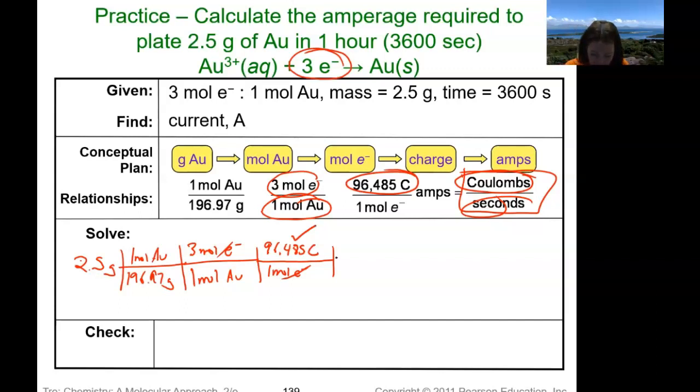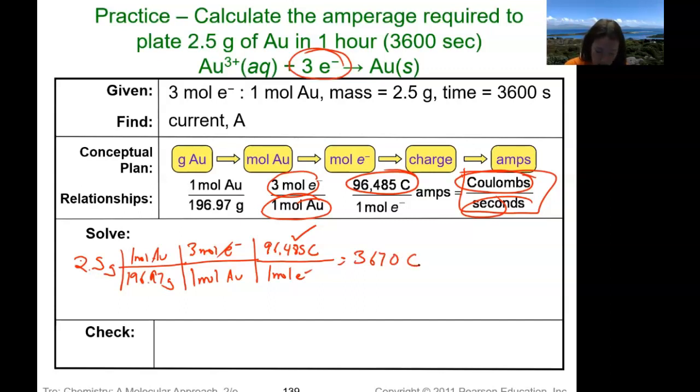Just like Avinash talked about how he started with seconds, this is what I do. Some people really hate that though, because nothing's up here. So if you don't like that, you can just get your coulombs, which is 3670 coulombs.